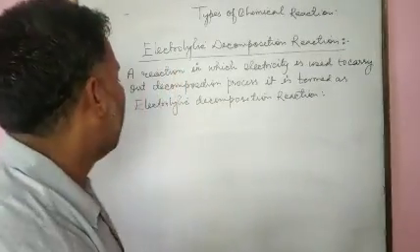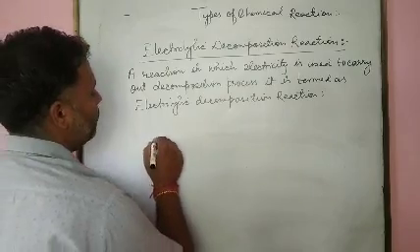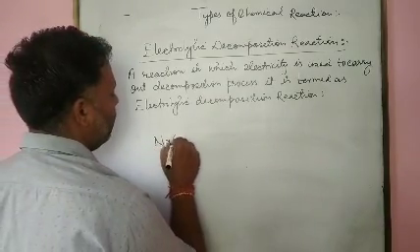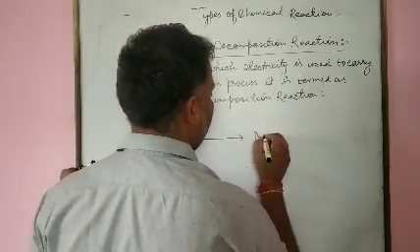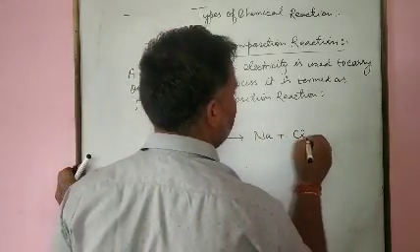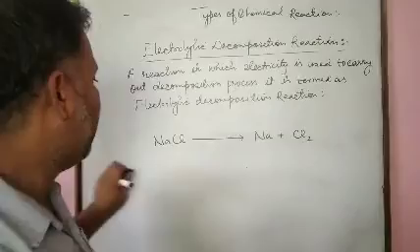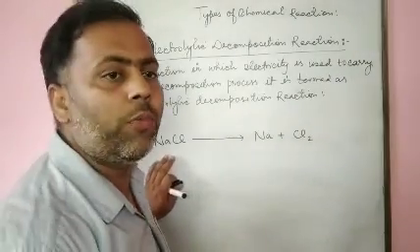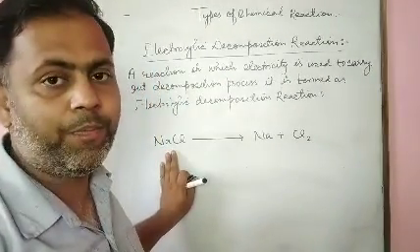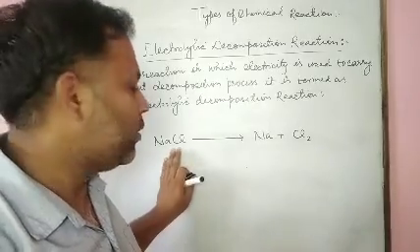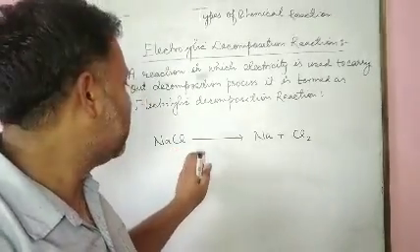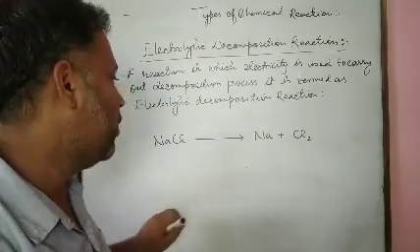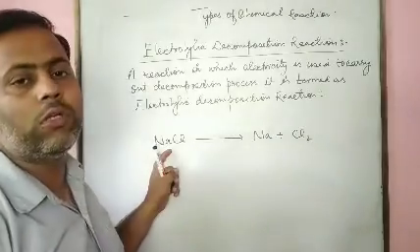When we carry out the electrolysis of sodium chloride, NaCl, it produces Na plus Cl2. But before that, we know solid sodium chloride is a non-conductor. So in order to increase its electrolytic conductance, we melt it. That means it is fused sodium chloride.